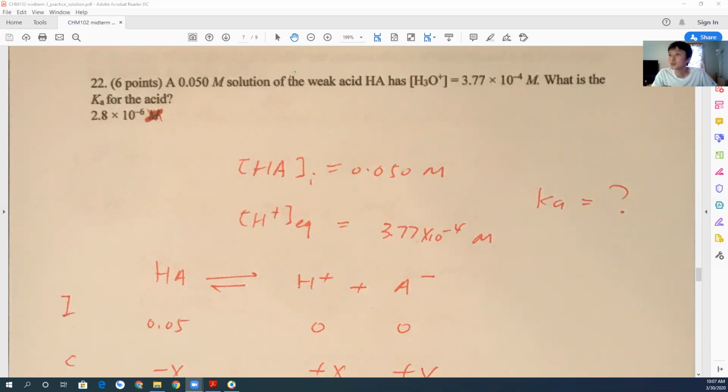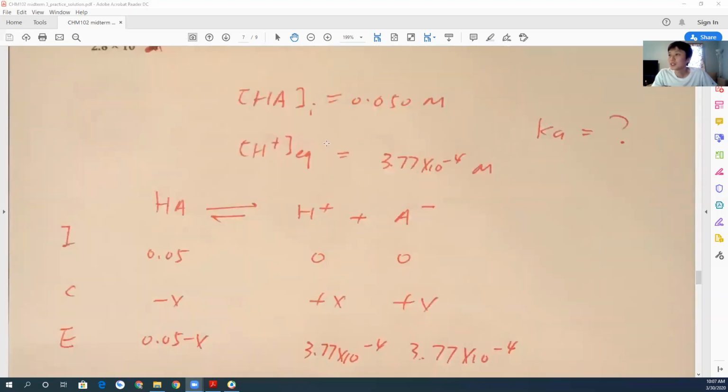Because it's a weak acid, when it dissociates, it will give you the same amount of proton and its conjugate base. We start with 0.05 molar. All the coefficients are equal to 1, so we can use minus x for the acid and plus x for the products.